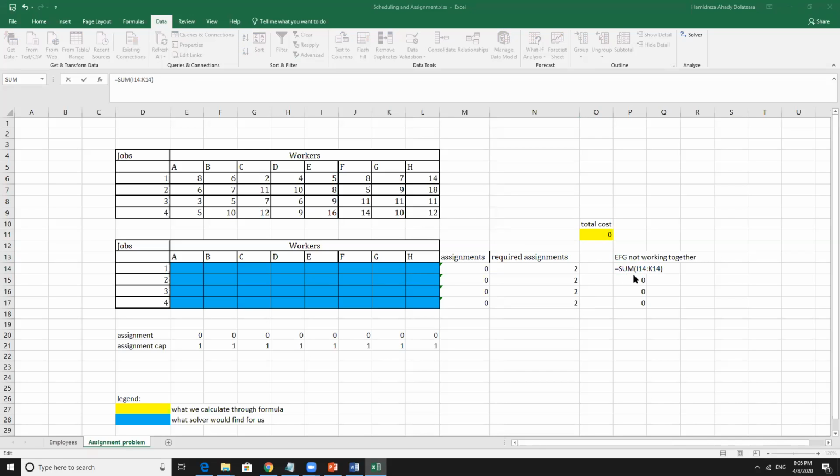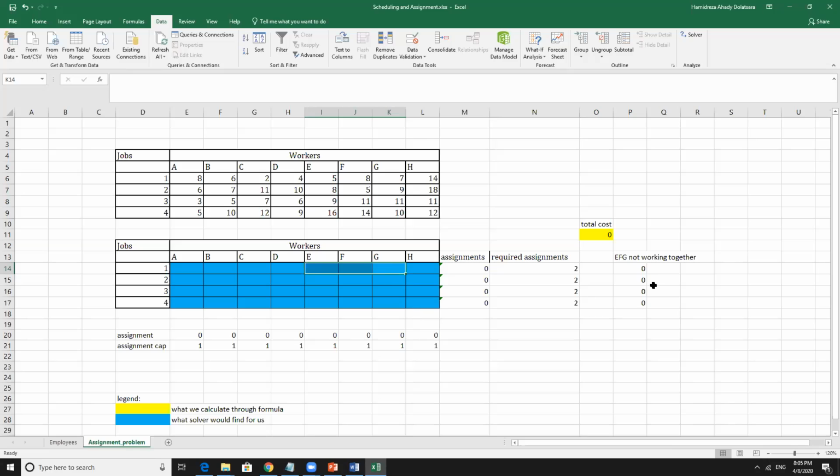The first one is the summation of I14 to K14. If you go to the second or third one, it's the summation of E, F, and G for job 3. So each time we check whether these 3 add up to more than 1 or not.